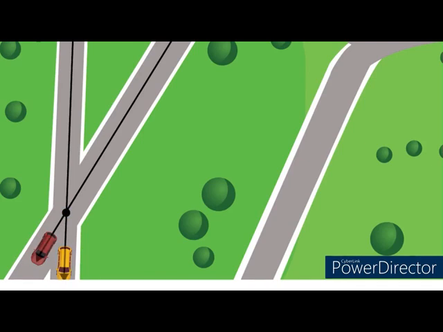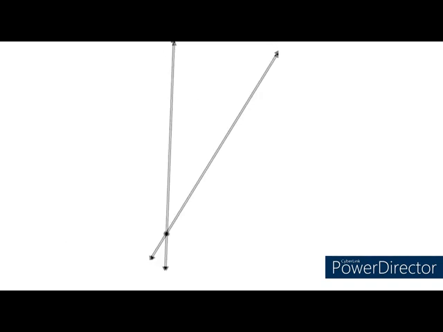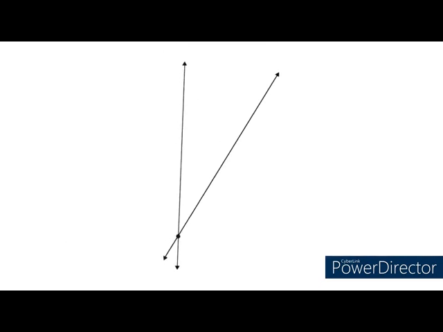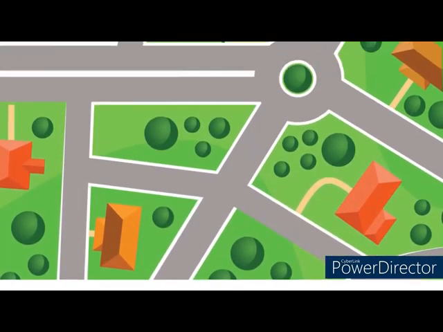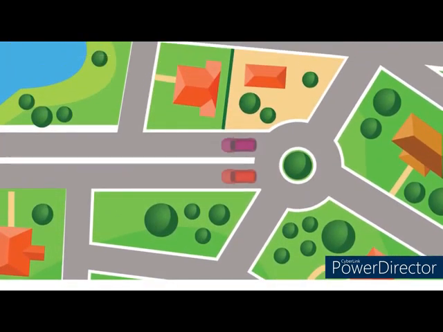If they travel in one direction, sometimes they may intersect. But that is not the case with every car or every line. Sometimes they may travel in straight lines without intersecting each other. That is also possible.